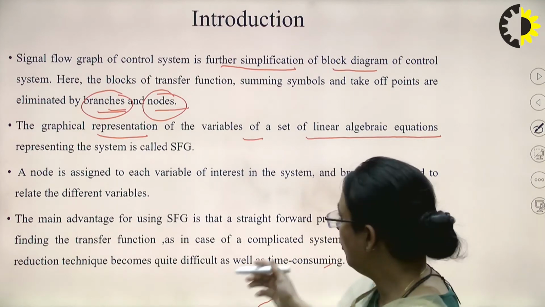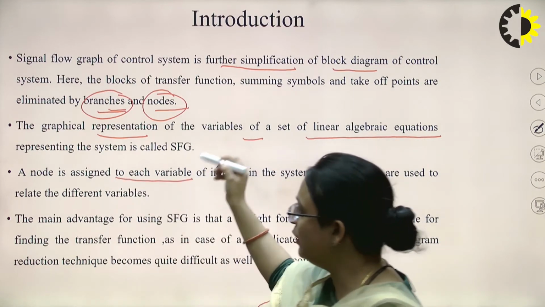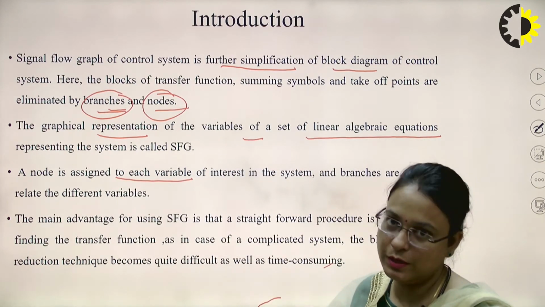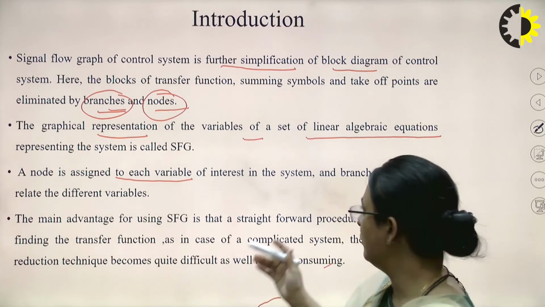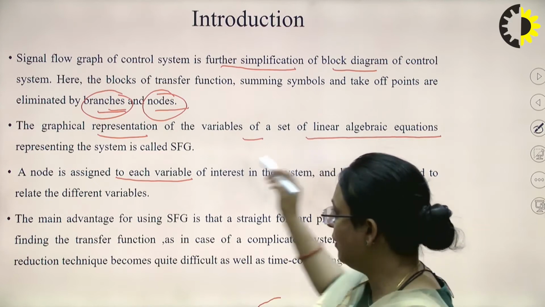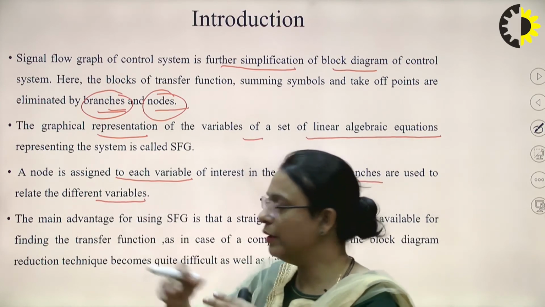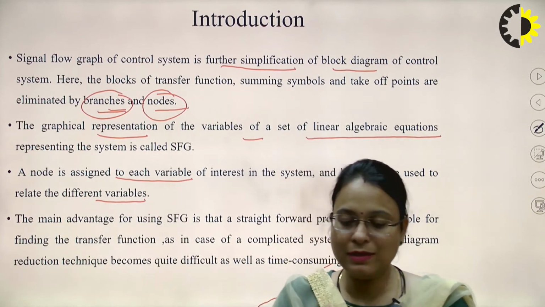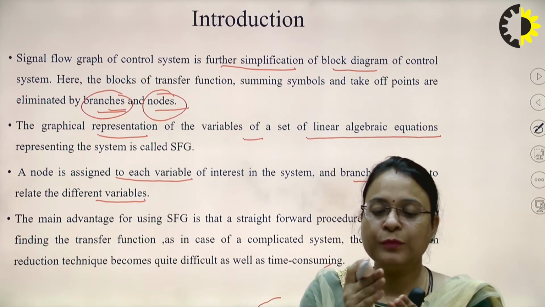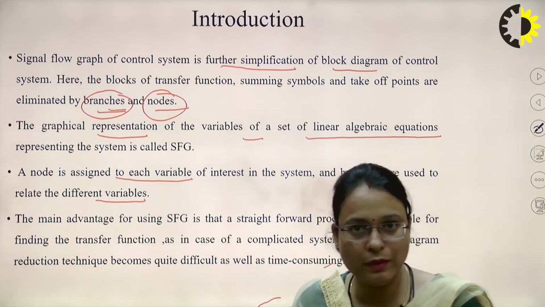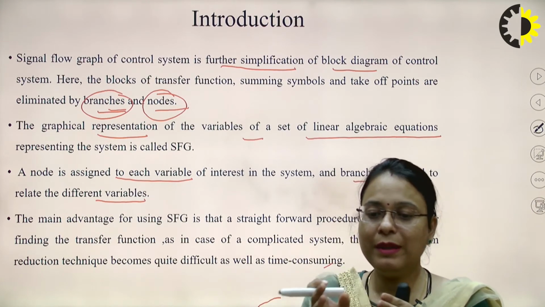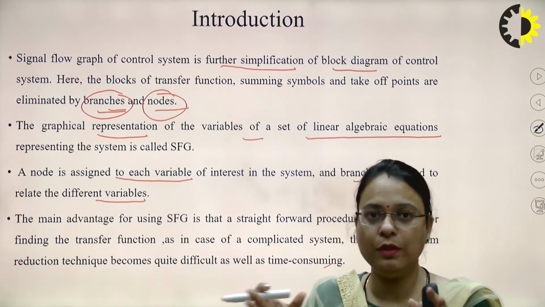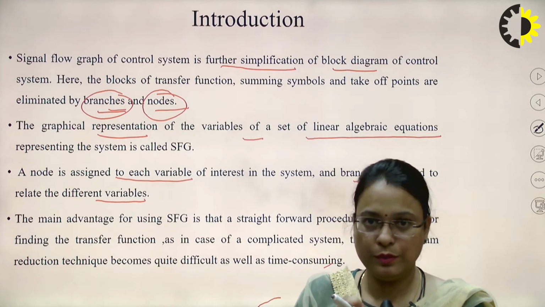A separate node is assigned to each variable of the system, and branches are used to connect one node to another node. These define the mathematical relationship between the two nodes.